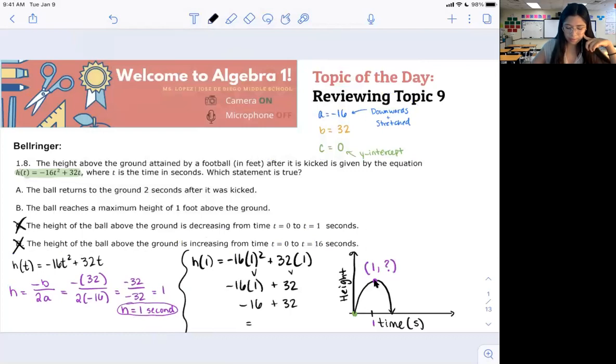What does that give me? Positive 16. And that's my k value. So k equals 16. So the height is 16 feet. 1 second, 16 feet, is B correct?